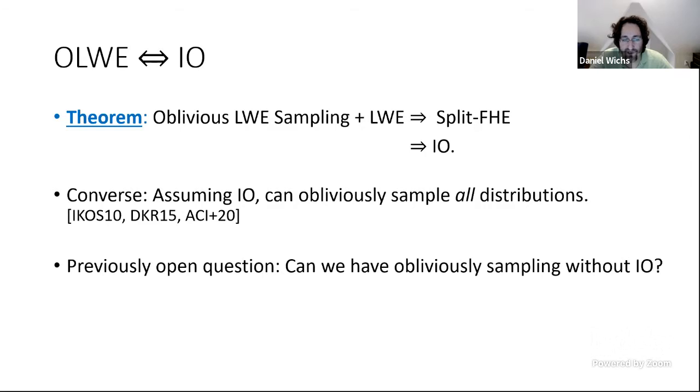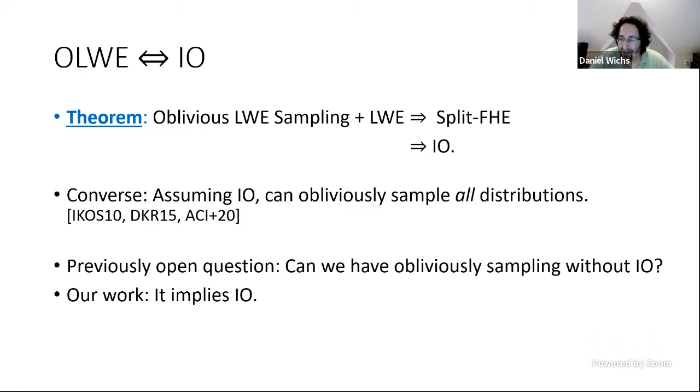And it was actually a previous open question whether oblivious sampling, not just of LWE but in general, could be something easier. Maybe you can do it without IO. And so in some sense, our work says not really, because it implies IO. So if you do it, you'll already be most of the way there, at least up to the LWE assumption.